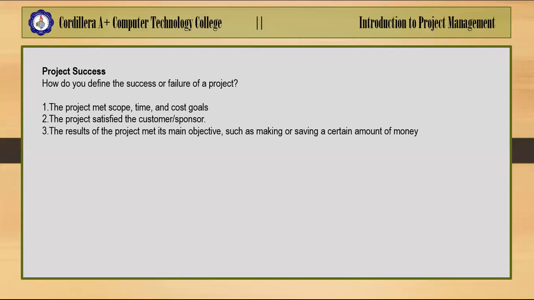So hindi kasi nga, 'di ba, parang alugi ka. Next, you have the project satisfied the customer or sponsor. So even if the project met yung initial scope, time, and tsaka yung cost goals, yung users of the computer or the managers, so yung manager is the main customer or sponsor in this example, might not be satisfied.